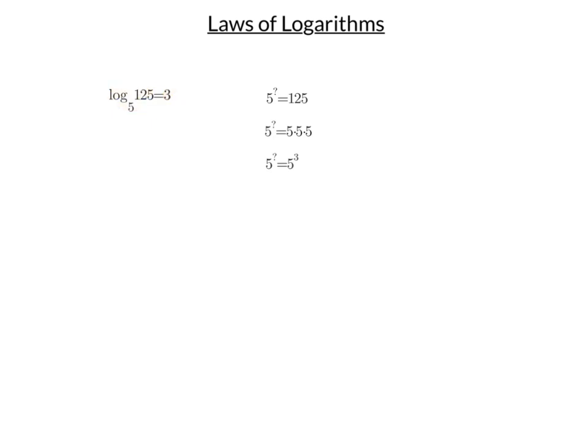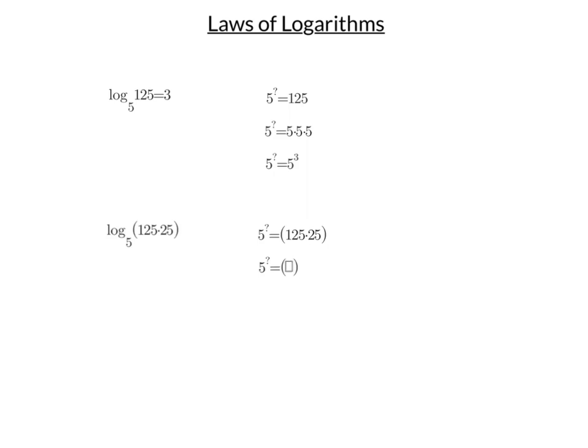All right, so what happens instead of 125? Let's say I multiply 125 by 25. Well, now this number is bigger, so it's going to take more 5s to make that full number. How many more? Let's see. 5 to the what gives us 125 times 25?